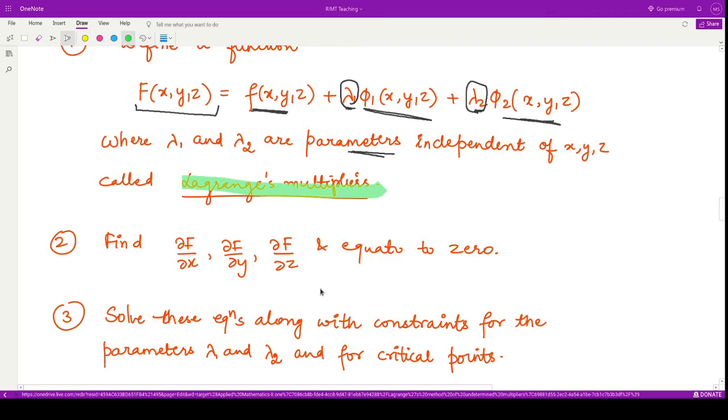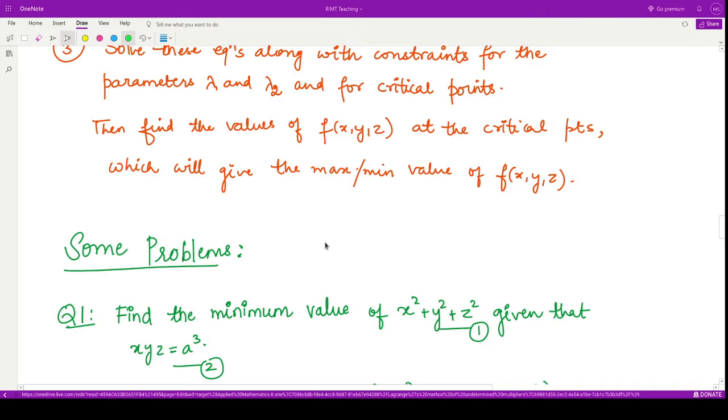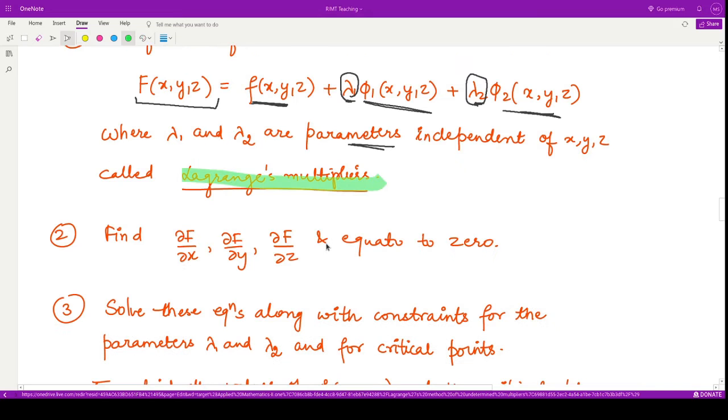Next, for whichever function capital F you have constructed, you calculate the derivatives: del F by del x, del F by del y, and del F by del z. You compute the first order partial derivatives and then equate them to 0.